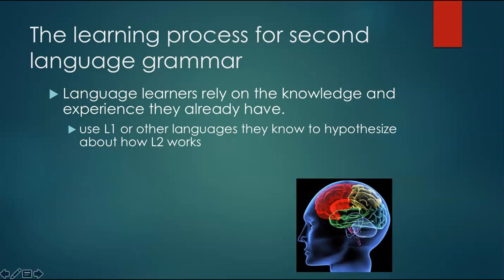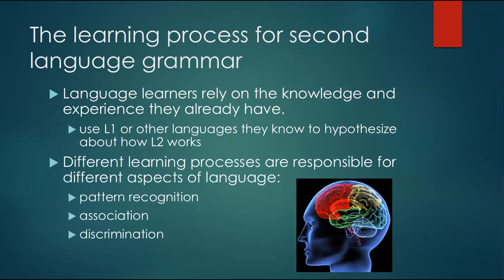But we also have to recognize that different learning processes are responsible for different aspects of language. So our brains are doing a lot of different processes when we're learning languages. There's a lot of pattern recognition that's happening. They're seeing that different rules apply in regular ways and patterns, and parts of their brain are being activated that way.